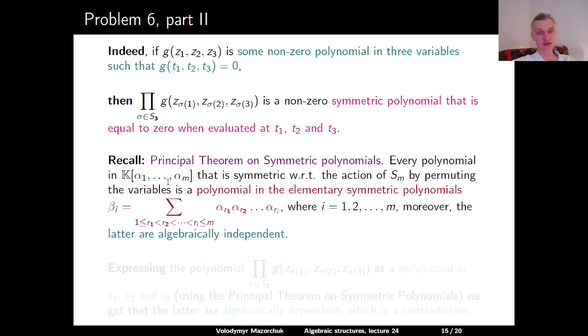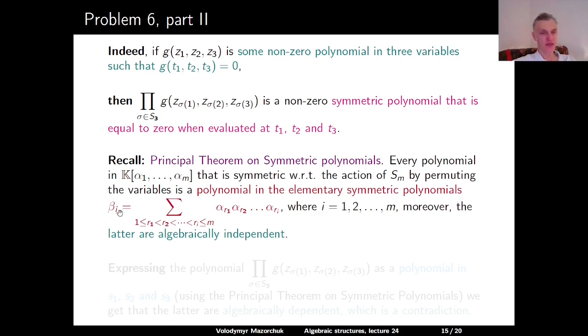And we can look at the subalgebra of all symmetric polynomials, the polynomials which are not changed by this action. Then the claim of the theorem is that every polynomial in this algebra of symmetric polynomials is a polynomial in the so-called elementary symmetric polynomials.